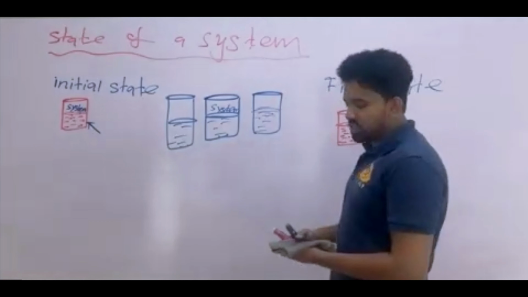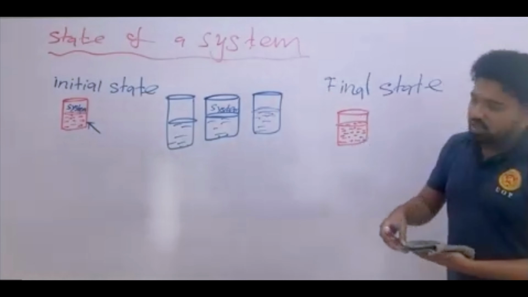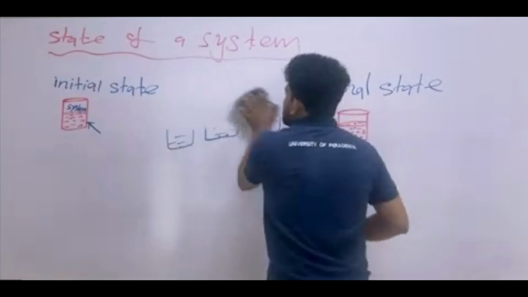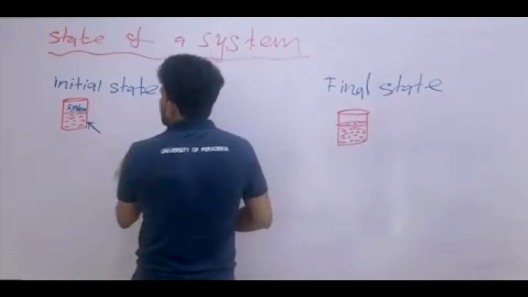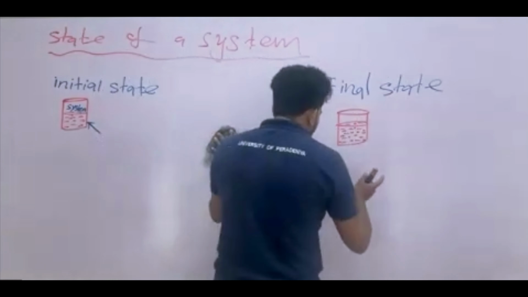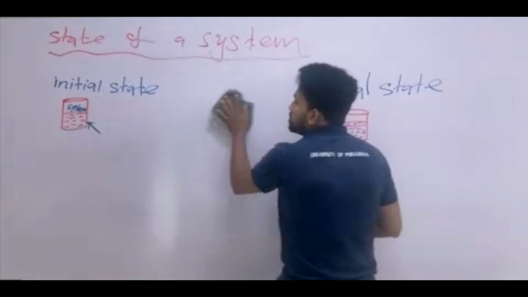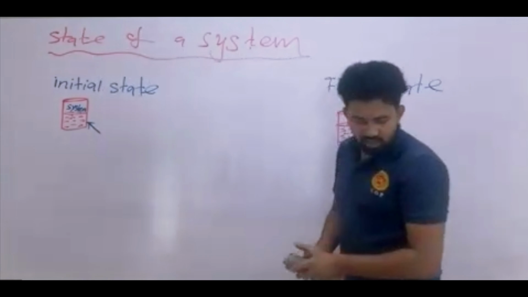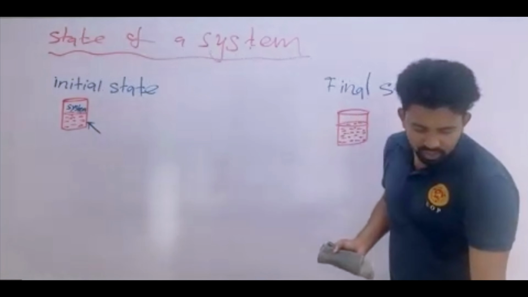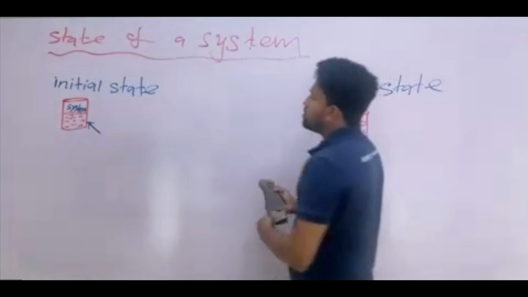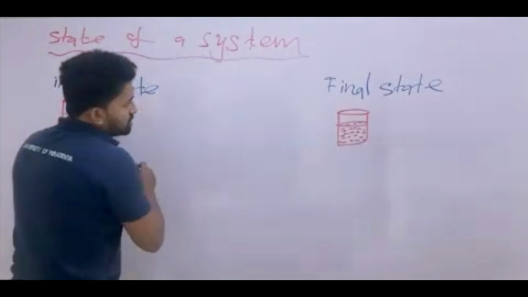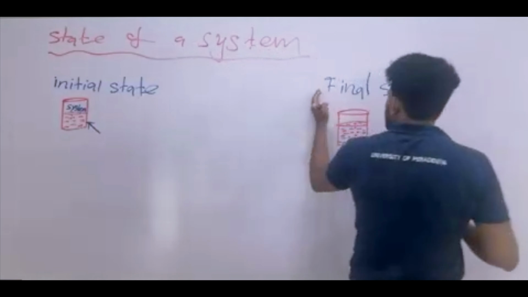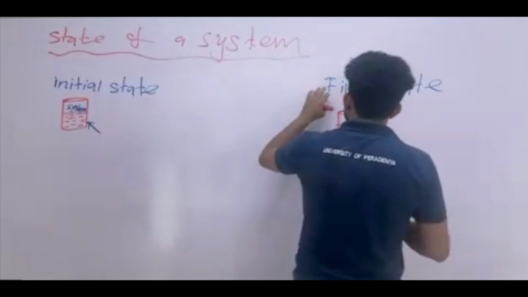So what you can do is, now there's a box in the PDF. You can write down within that box something like this: initial state and the final state.